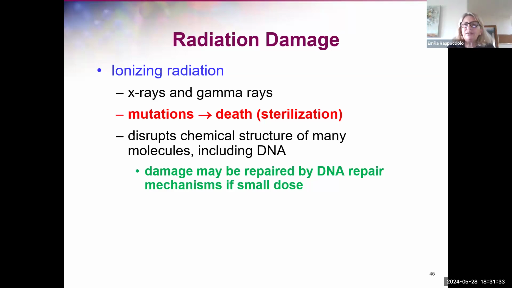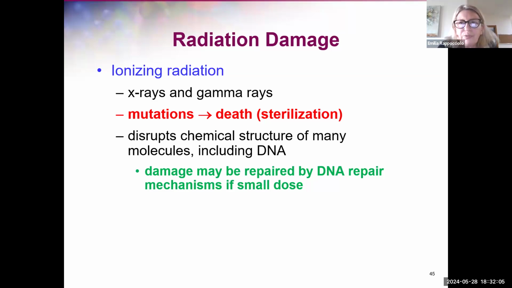Now, if you are a bacterium that lives in a place which is exposed to the sun for a long time, like if you live in the Dead Sea, there aren't trees, there is nothing that can protect you. You are exposed to the sun, and the sun can produce a lot of ultraviolet rays.